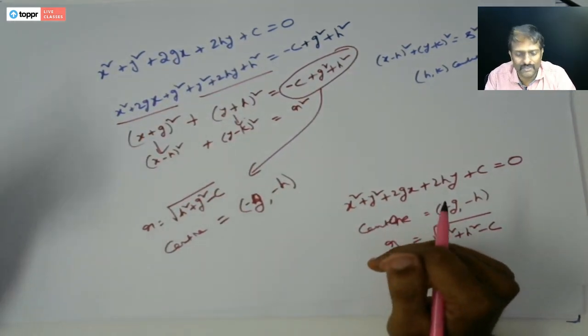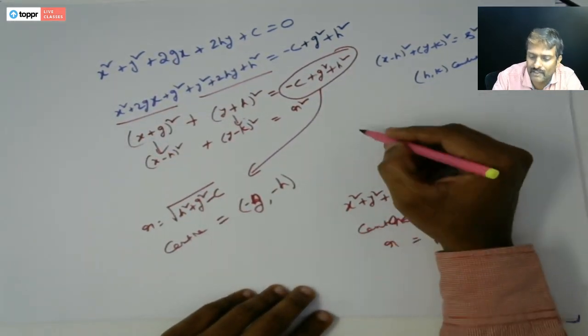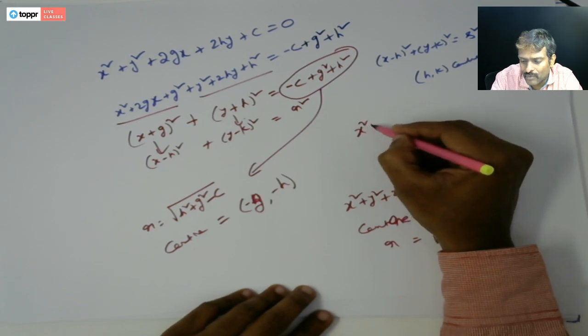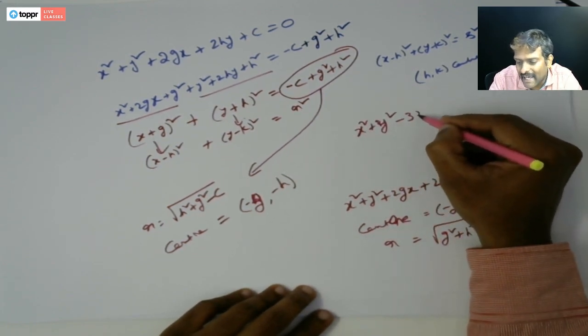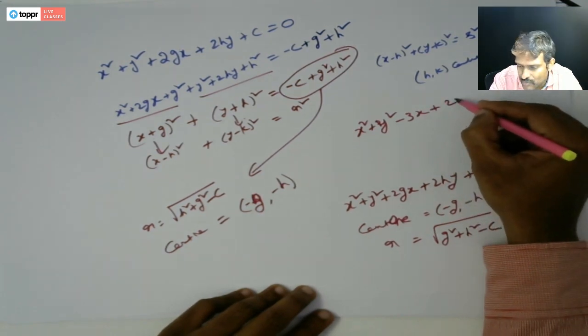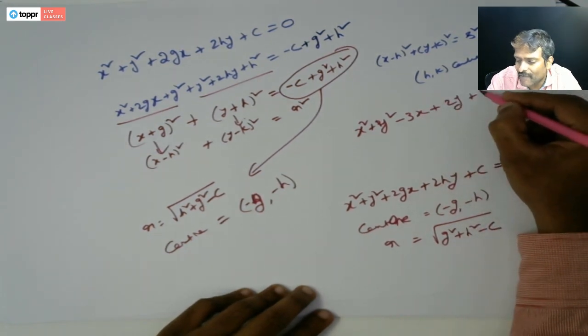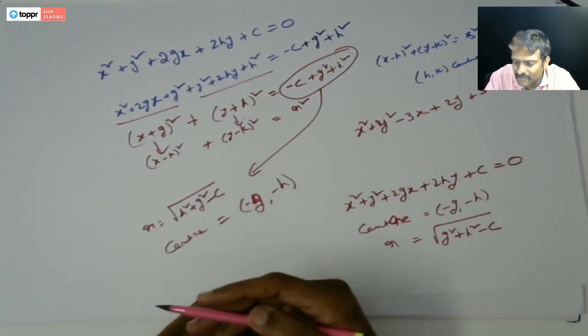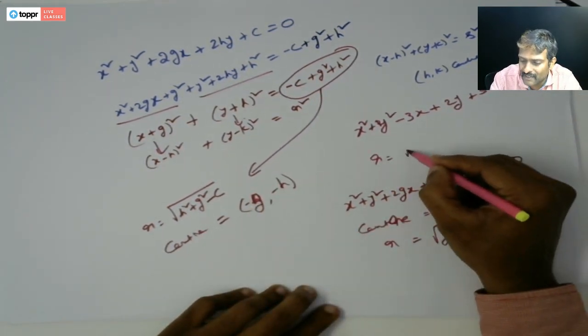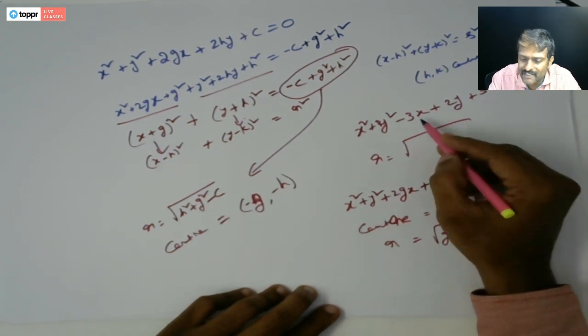So generally, suppose some equation is given to us, say x square plus y square minus 3x plus 2y plus 5 is equal to 0, and they ask us to find the radius of the circle. So what can you do? The radius is nothing but root of g square. What is g here?